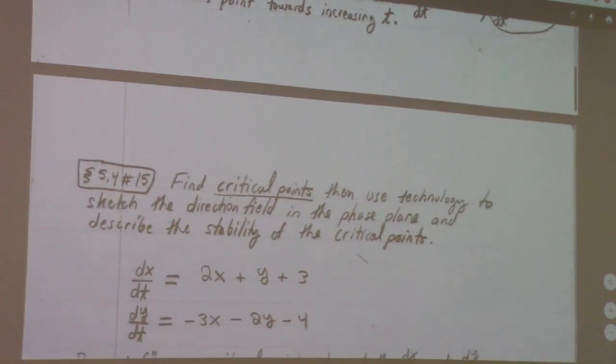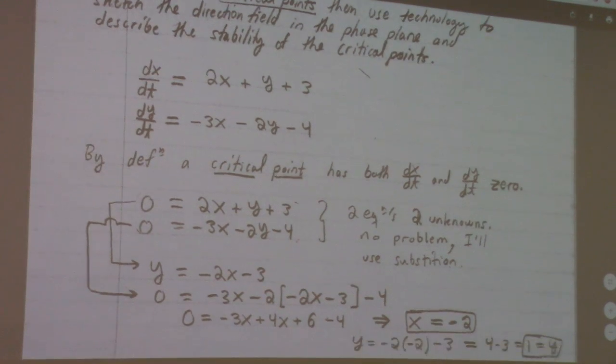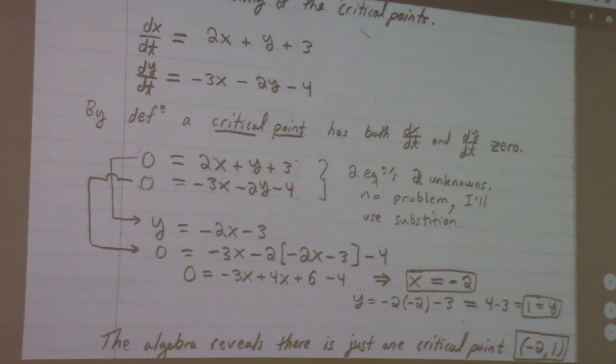Now, here's a critical point problem, which is kind of interesting. 2x plus y plus 3, and minus 3x minus 2y minus 4. For the critical points, you have to solve those simultaneously being 0, and you end up with a solution minus 2, 1. Let's see here, just a second.